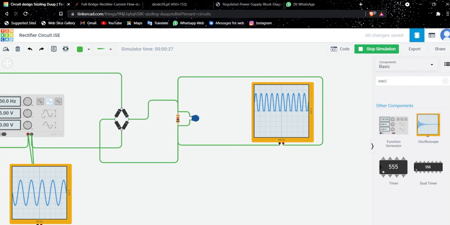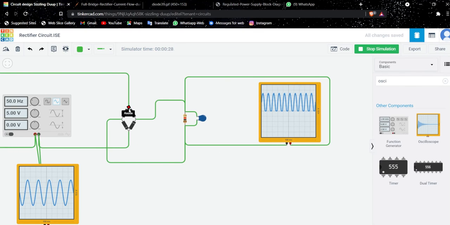In the negative input, this diode will be reverse bias, and this is also reverse bias. These two will act as an open circuit. So current will flow through the other two.